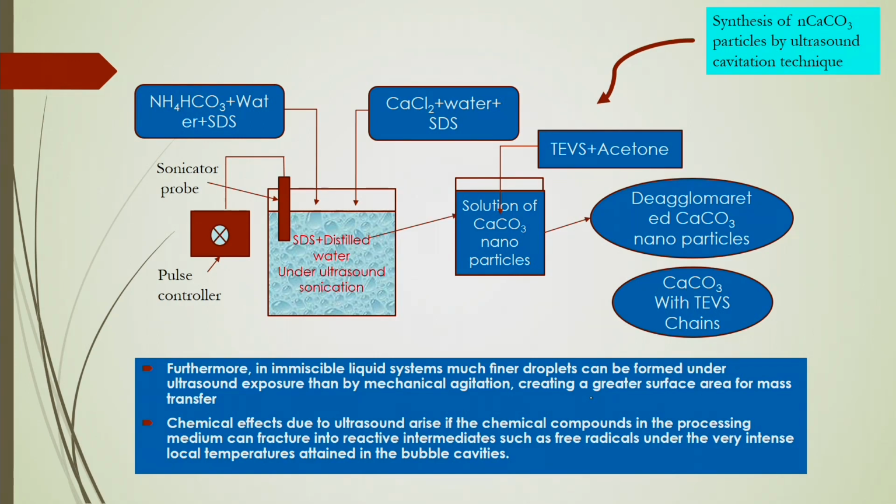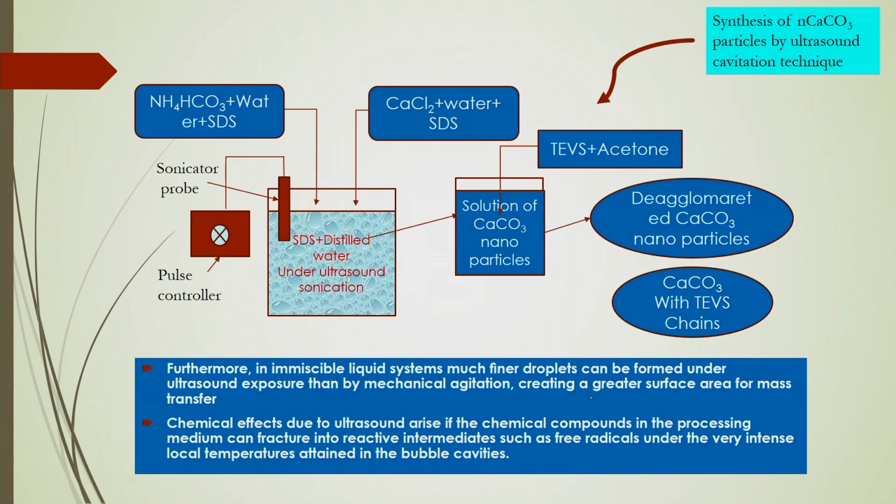Here two solutions are used. Solution 1 is ammonium bicarbonate and water with SGS, and solution 2 is calcium chloride and water plus SGS, used in distilled water under ultrasound conditions in the presence of some surfactants, so that you can produce more interfacial area in the reactor.